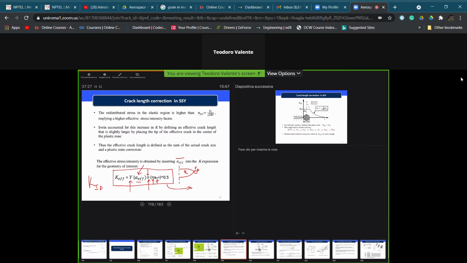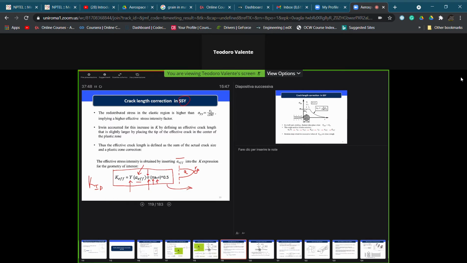So this is a simplified approach, which works essentially for pre-dimensioning when small-scale yielding is considered possible, that is, local plasticity effects only at the crack tip, not all over our specimen.